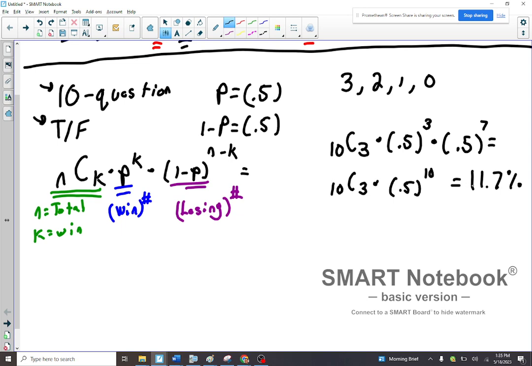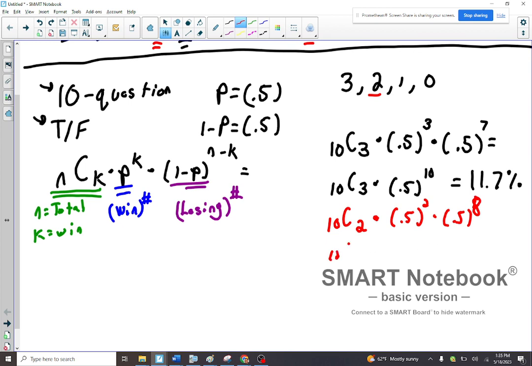If this is 11.7%, I'm going to do the same thing now for 2. We're changing the 3 to 2, and even though this changes, there are 8 losses now, so they still combine to 10.